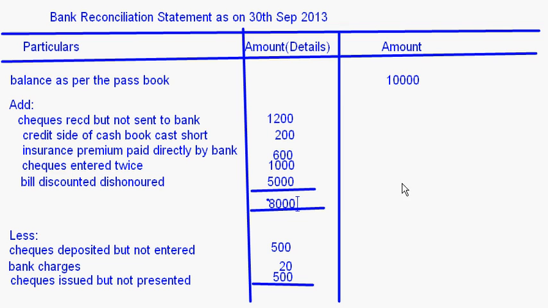So that 8000 is put here and this is added first, right? So this is 18,000, 10 plus 8, 18,000. And now the less items, this is 1020. So from 18,000 we have to deduct this 1020, fine.